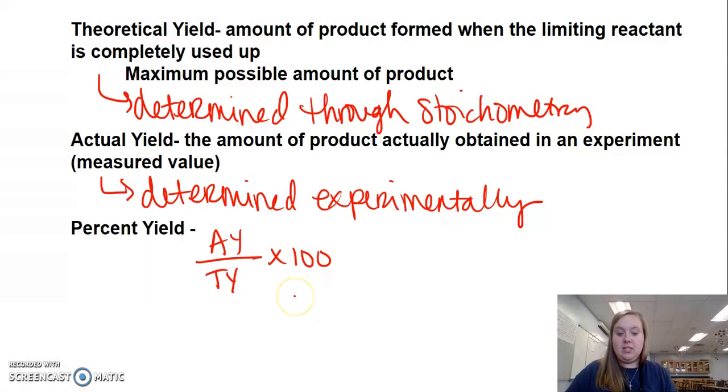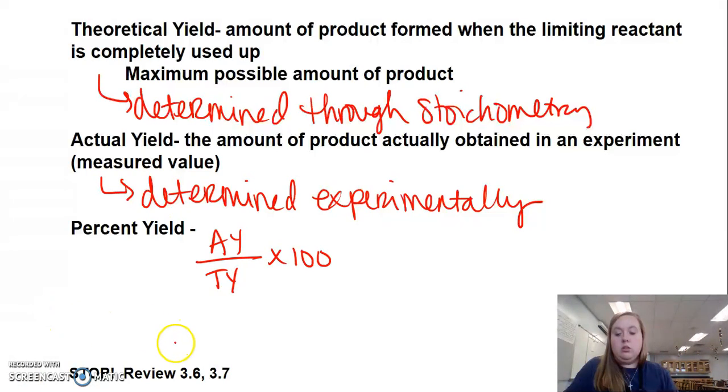If you got 100% yield, that would mean that you did the experiment 100% perfectly and you obtained the maximum possible amount of product, which is pretty unlikely, but obviously, theoretically, it's possible. And the lower your percent yield, the more product you lost. We'll talk a little bit about this year your percent error, which is kind of the opposite of percent yield. So you want a low percent error and a high percent yield is the ultimate goal.